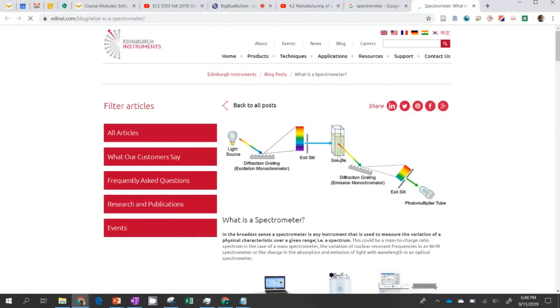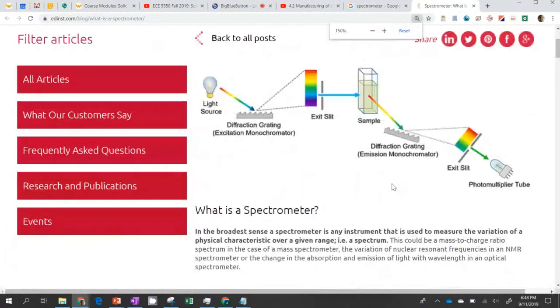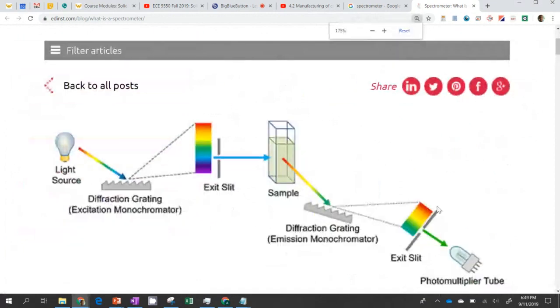This is an example of a simple spectrometer. You have a light source, and the light source may contain many different colors. It hits something called the diffraction grating.